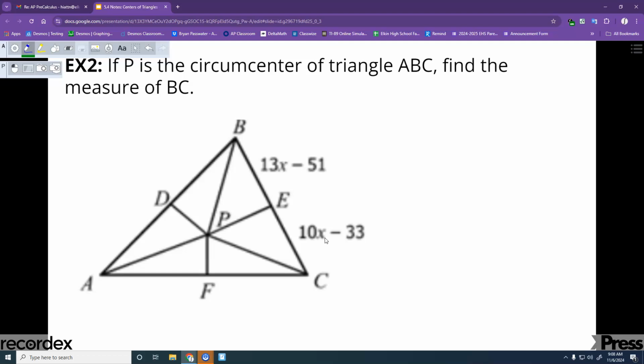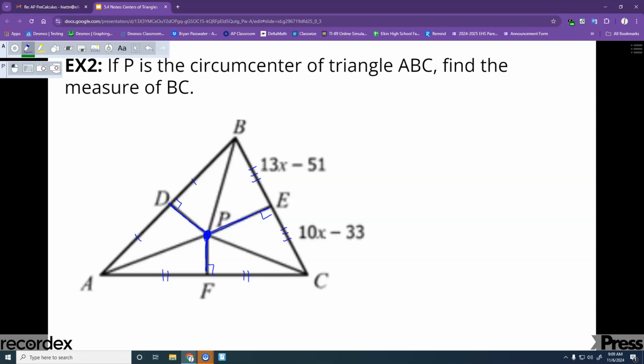But if P is the circumcenter right here, that means this line, and this line are our perpendicular bisectors. Which means this side is cut in half, this side is cut in half, and most importantly, this side right here is cut in half.